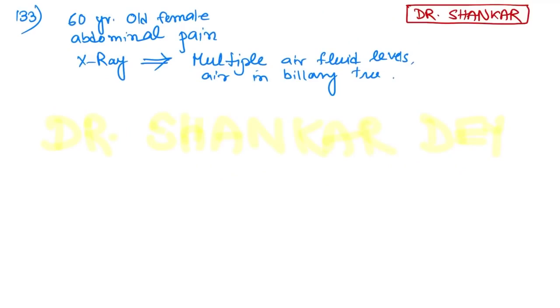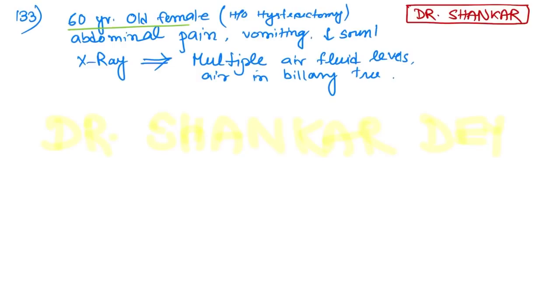Next, coming to question number 133, a 60-year-old female. I think there was also a history of hysterectomy a few years ago. She had abdominal pain, vomiting, decreased bowel sound.